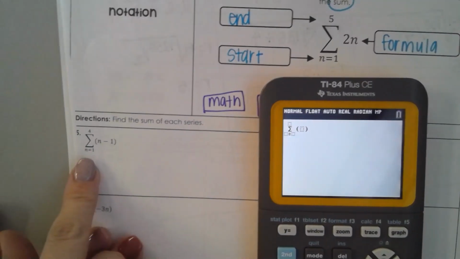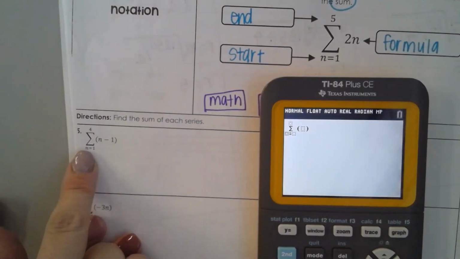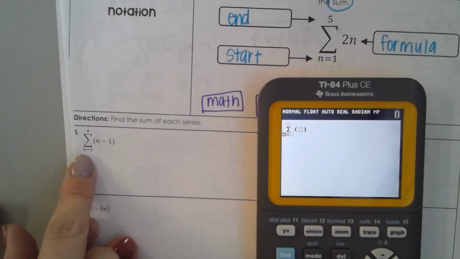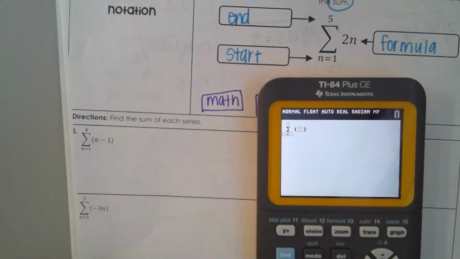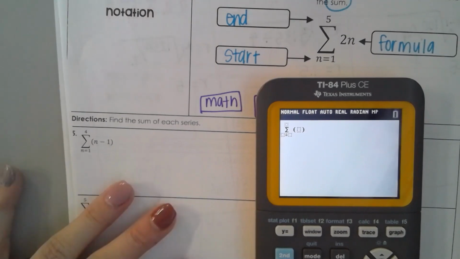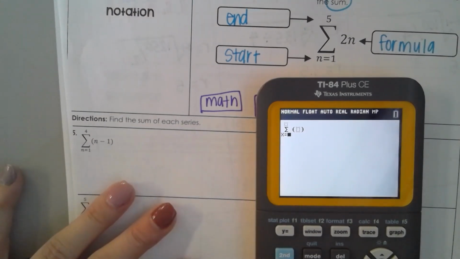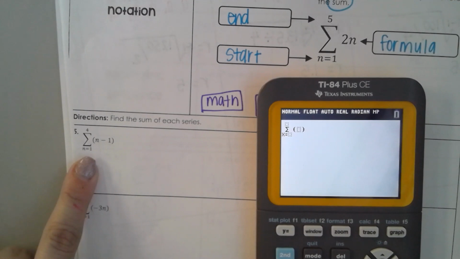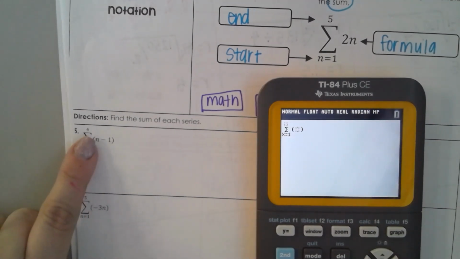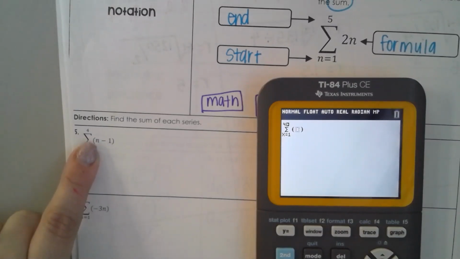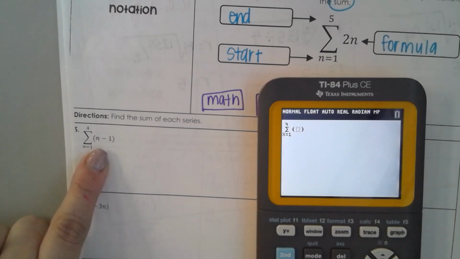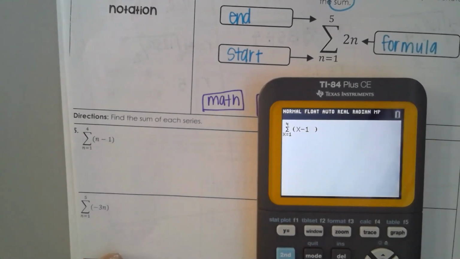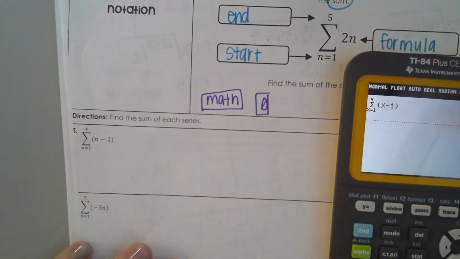You'll notice here that we have an N. You can definitely use the n, but you can also just use x. It's easier to do that. So if you do x, it takes you over to the next box where I'm going to type in a 1. Then I'm going to go up to the top and type in a 4. And then I hit the right arrow and type in x minus 1. And I get 6.